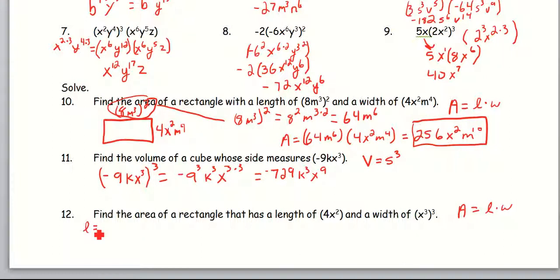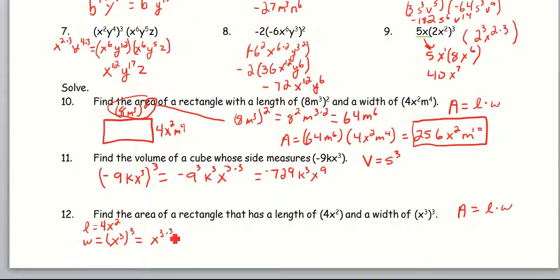The width, that's x cubed, and the whole thing is cubed. So now we need to figure out what that is. So that's x to the 3 times the 3. That equals x to the 9.